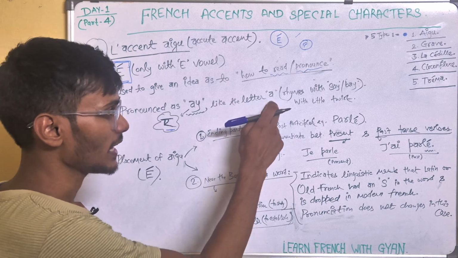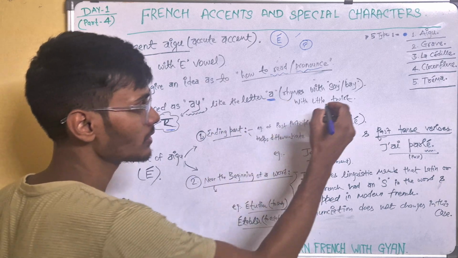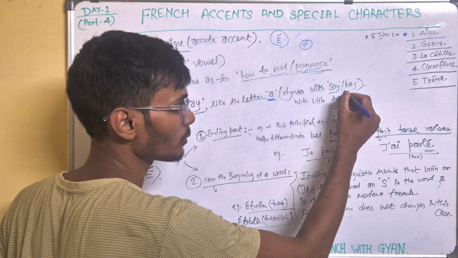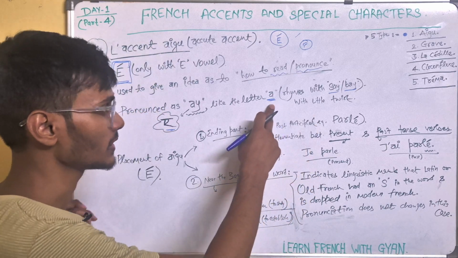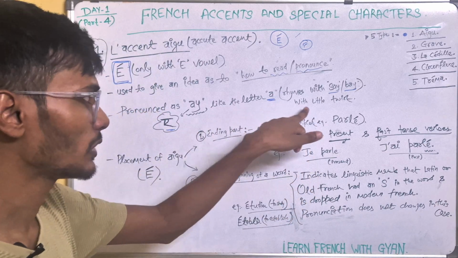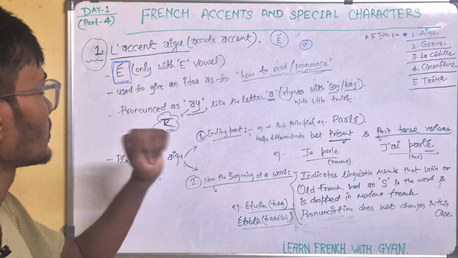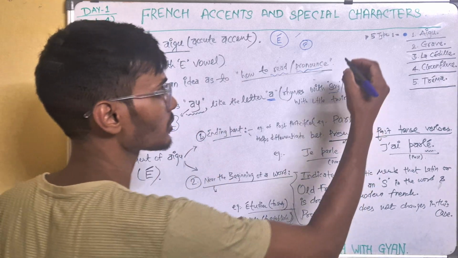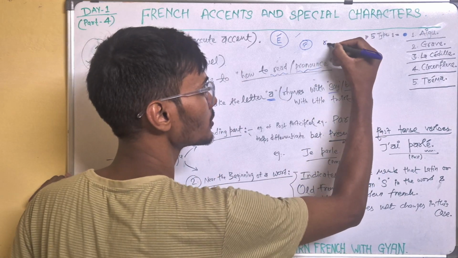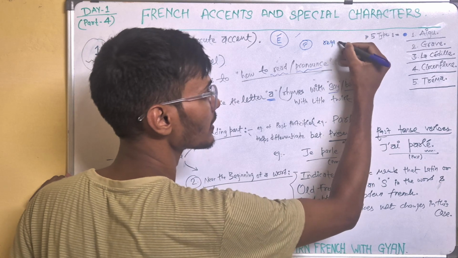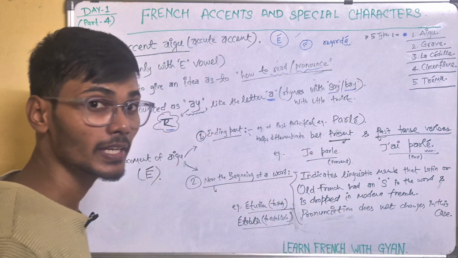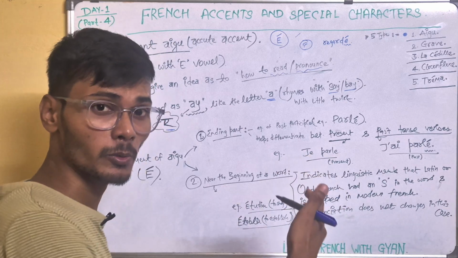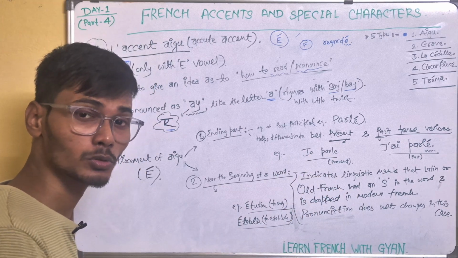Like the letter A that we say, or 'bay'. The same rhyme we are going to follow here also, with a little twist. So let's take a few examples. I'm going to write here: regardé, past participle of regarder, which means to look at or to see.